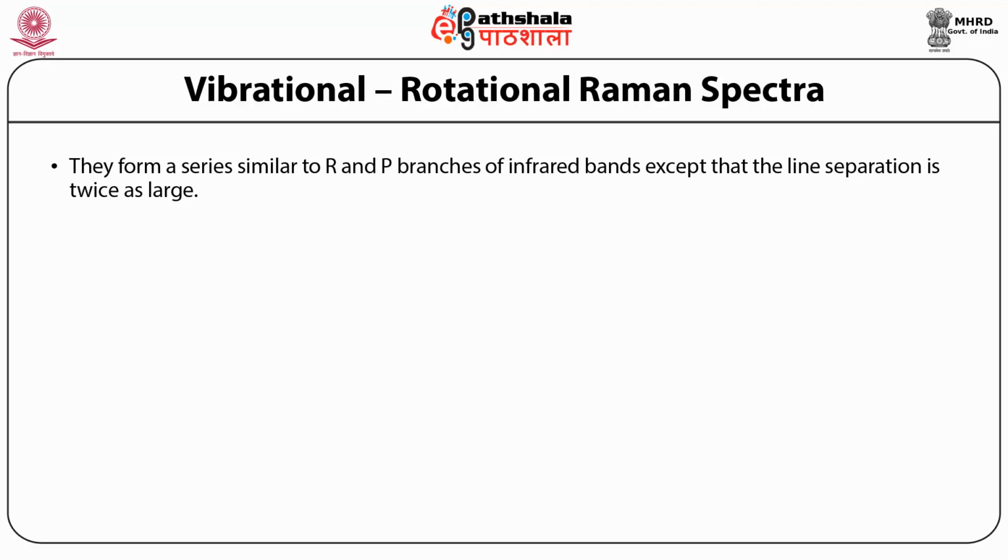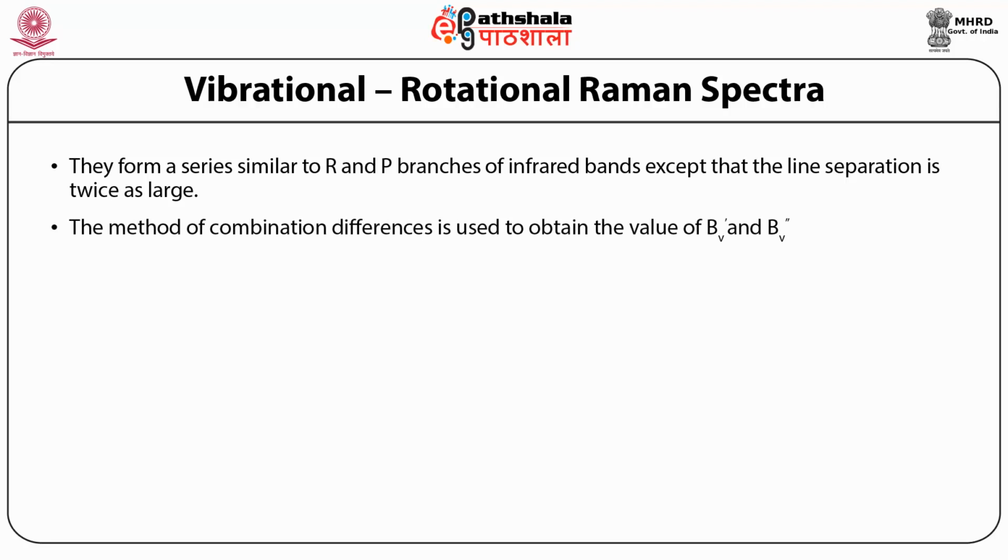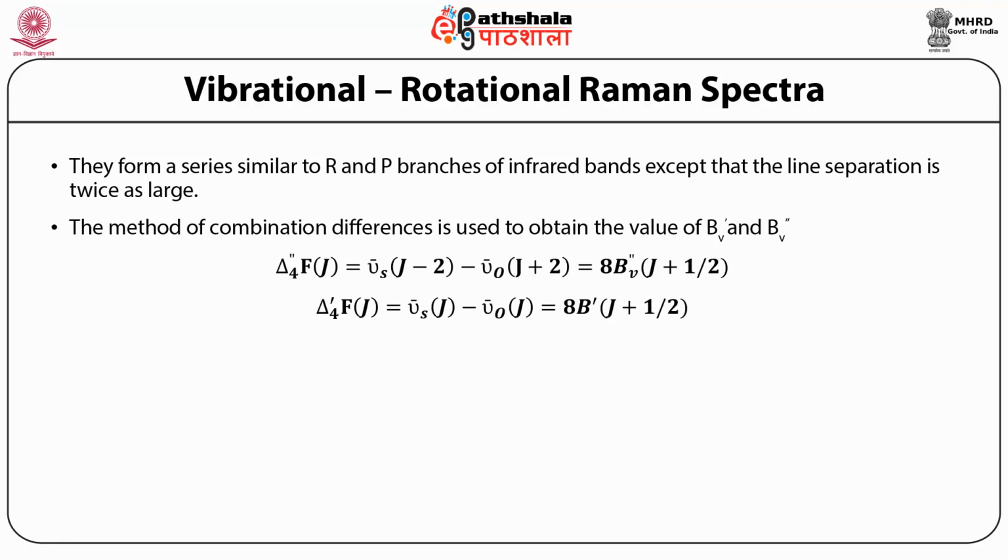as large. The method of combination differences is used to obtain the values of B nu prime and B nu double prime. So, delta 4 double prime F(J) is equal to nu S(J minus 2) minus nu O(J plus 2), which is equal to 8B nu double prime (J plus 1/2), and delta 4 prime F(J) is equal to nu S(J) minus nu O(J), which is equal to 8B prime (J plus 1/2).